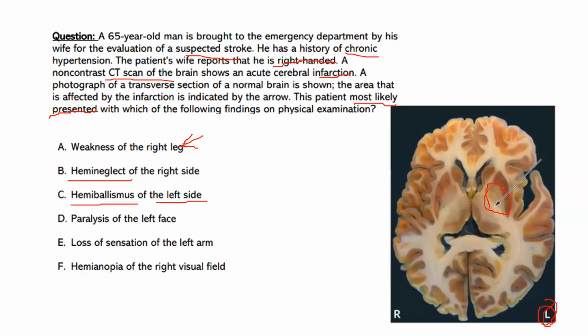The reason there's no paralysis on the left face is because it's going to be contralateral, not ipsilateral. You're also not going to get any damage to sensation or any effect on the visual field. Like we saw in one of the previous questions, the visual field passes over the internal capsule and doesn't go through it. So that's going to be the answer.